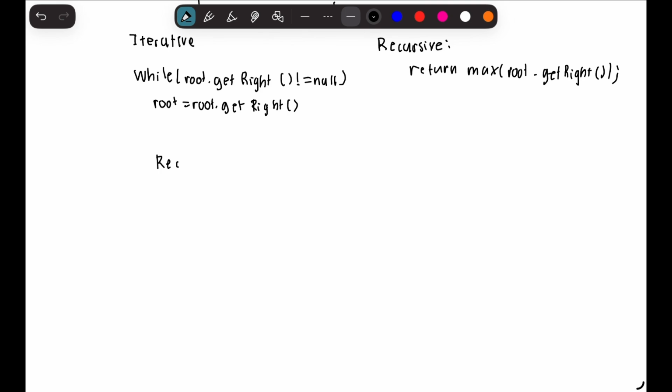Now, you have to be able to recognize some recursion patterns. First off, we have the height pattern.